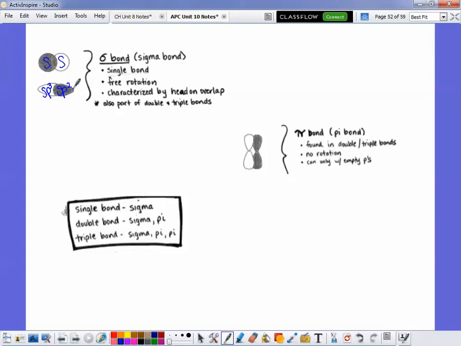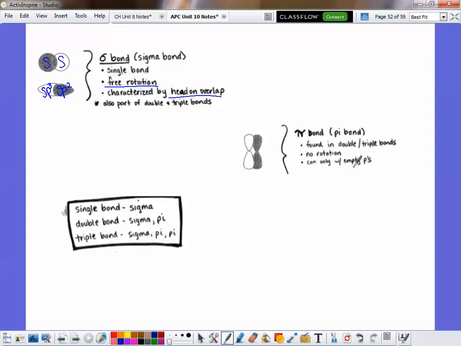There is free rotation about this, and it's a head-on overlap. Like I said, all bonding, no matter if it's a single bond, a double bond, or a triple bond, all of those have one sigma bond. Pi bonds only occur in double and triple bonds.